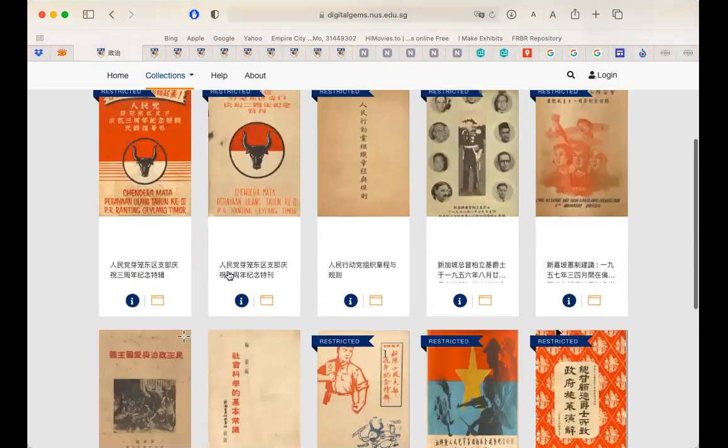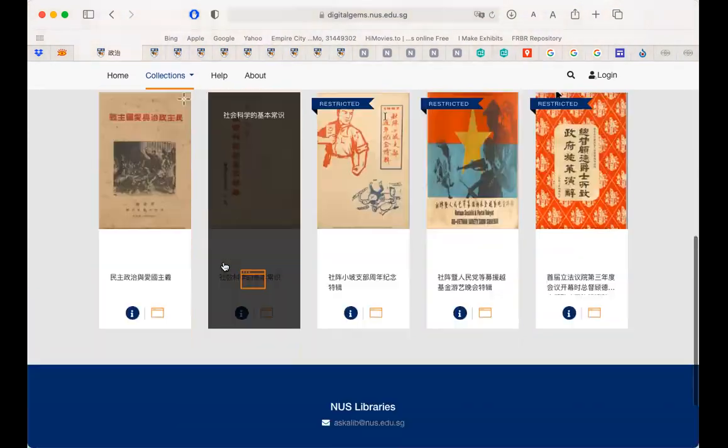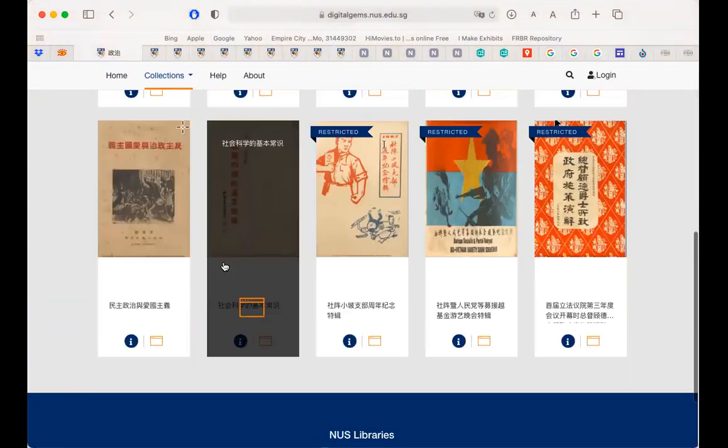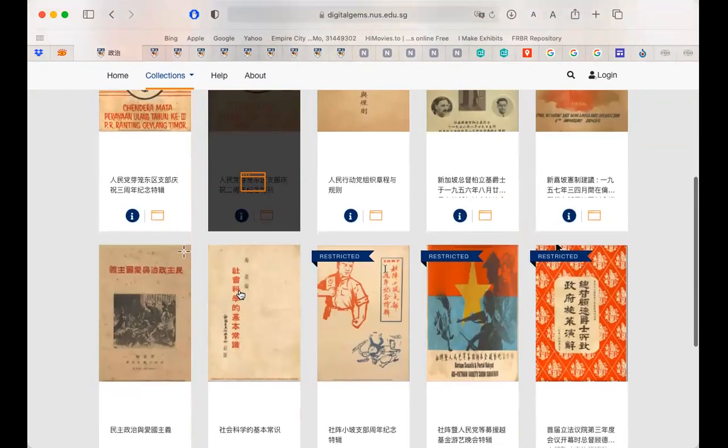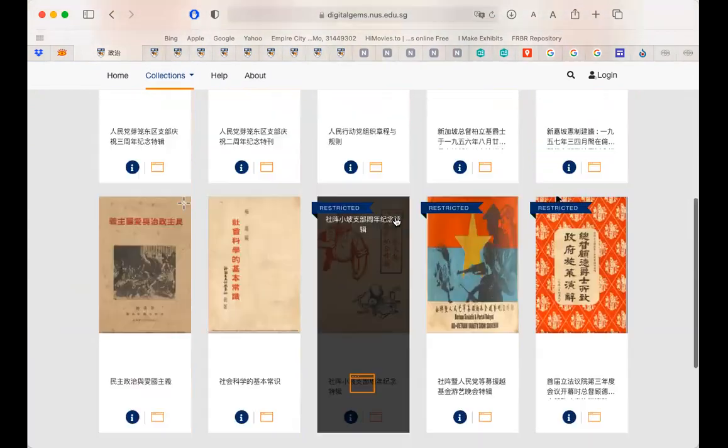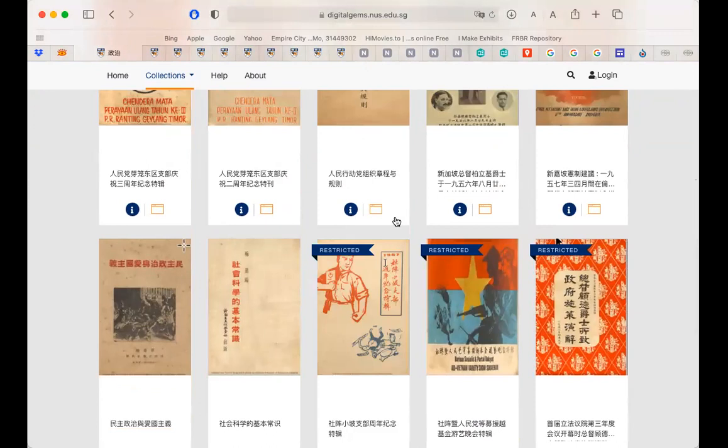A lot of the more recent stuff is still restricted, because they're more popular, and a lot of people only work on those issues. So I find it a bit, I mean, come on now, let's work on something else, right?